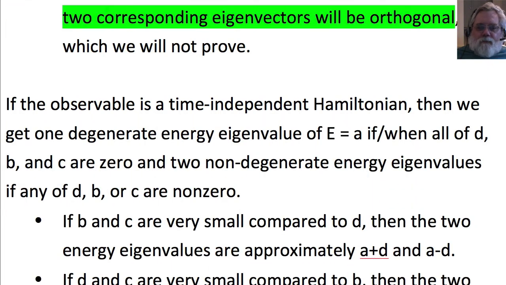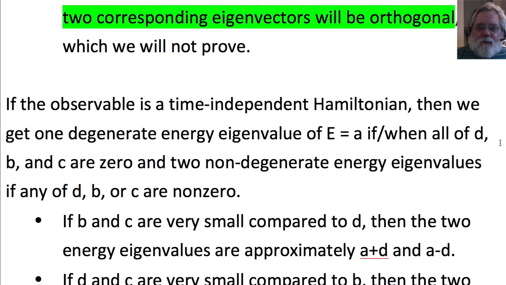Now, if the observable is actually a Hamiltonian, a time-independent Hamiltonian, then the observable gives us an energy observable, and we could get one degenerate energy eigenvalue of E equals A when all of D, B, and C are 0.